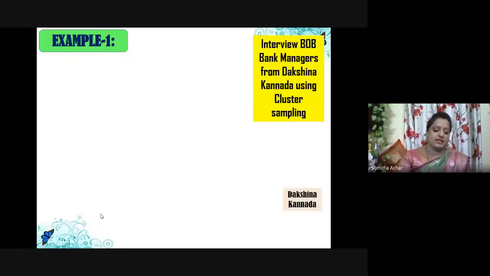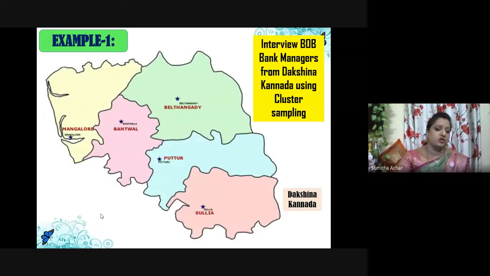I will bring another example for you. With this, we can stop and break for a while. Suppose a researcher wants to interview Bank of Baroda branch managers from Dakshina Kannada using cluster sampling. Firstly, the person has to get the Dakshina Kannada map, right? Divide Dakshina Kannada into 5 taluks, though now it is more than 5.